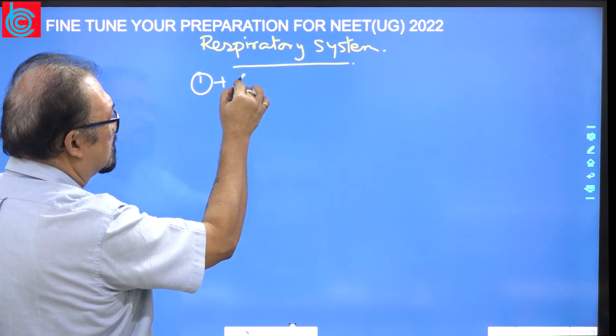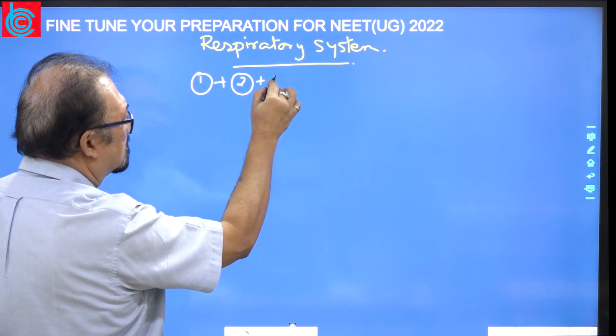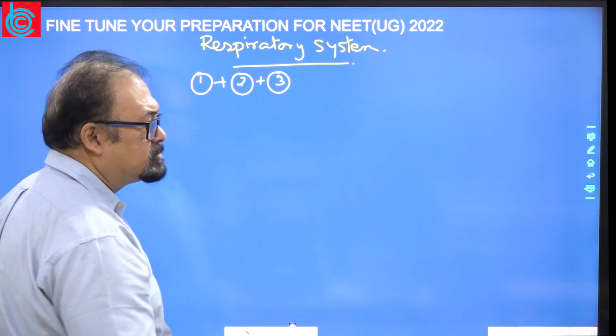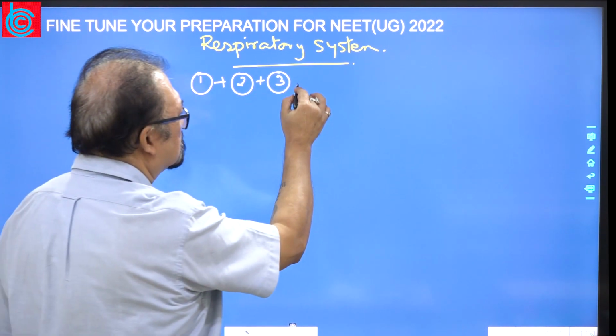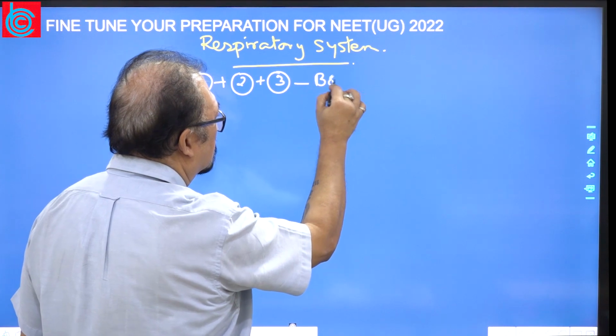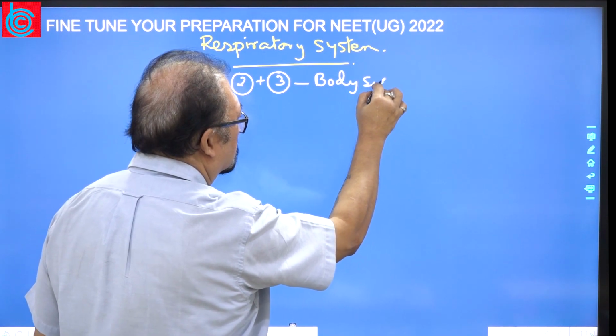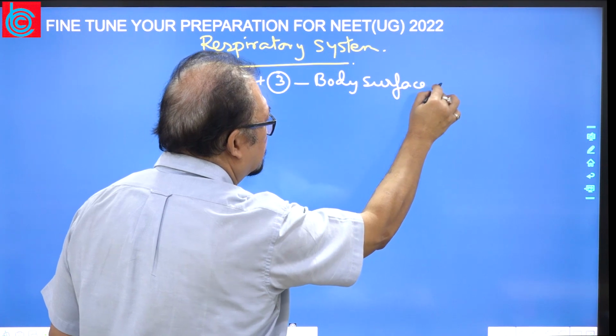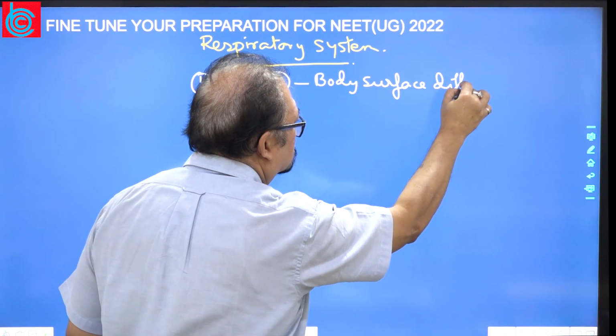Porifera, Cnidaria, Ctenophora: body surface diffusion of gases.